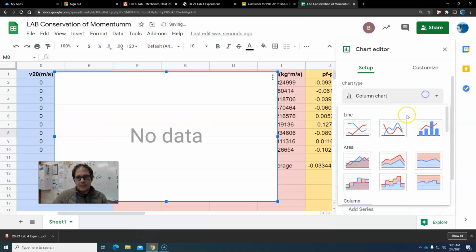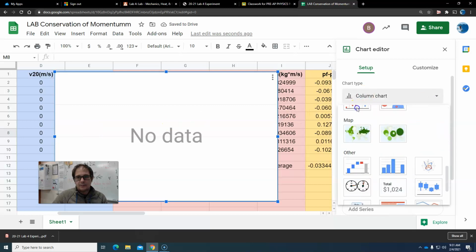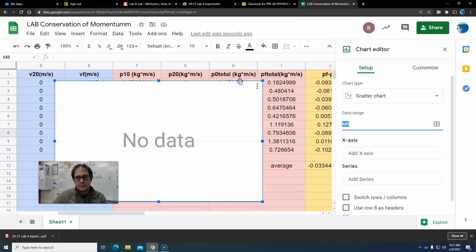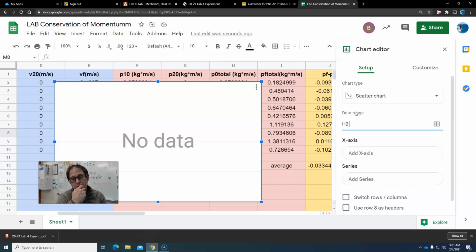and now it's scatter, and the data range is the horizontal axis first, that is the H column, so you go from H2 to, and because I'm going to keep adding the data for all the classes today, this is just the first class, I will put H100.